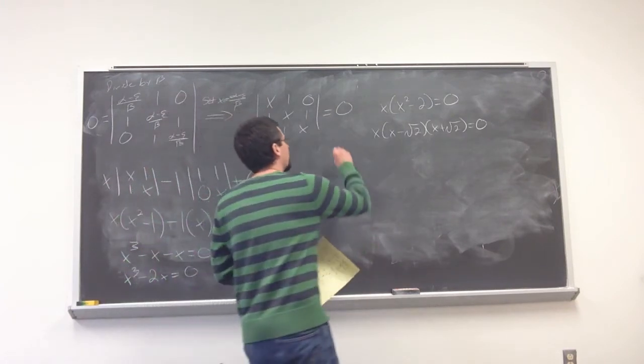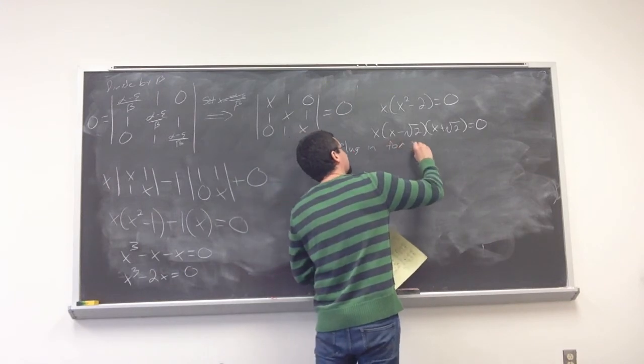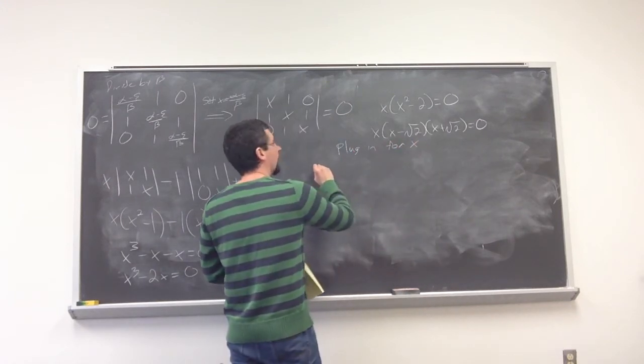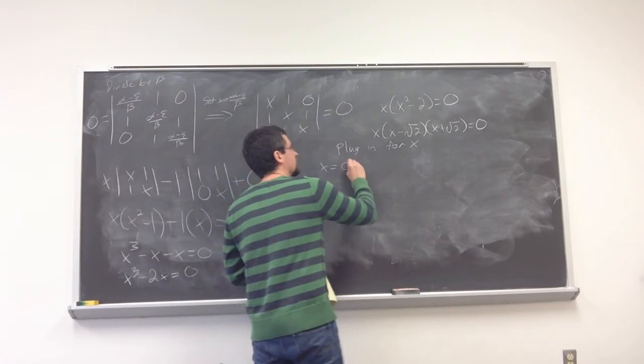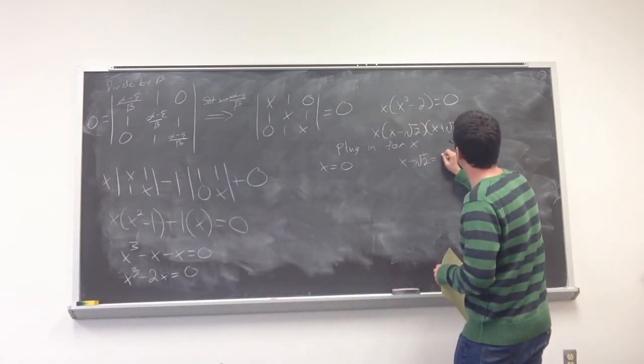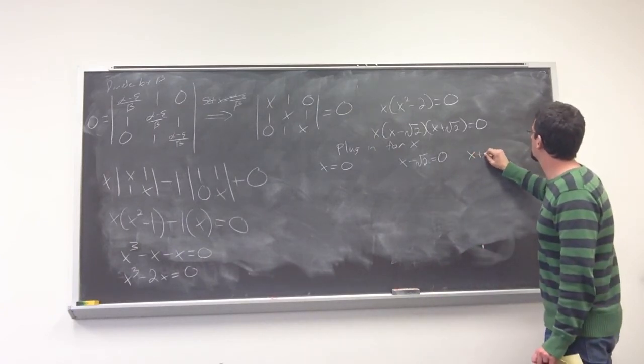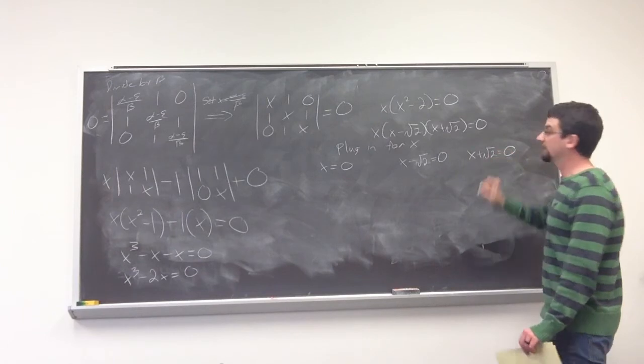Now we can plug in for x. So let's do that. That first term, x is equal to 0. We have x minus square root of 2 is equal to 0. And then we have x plus square root of 2 is equal to 0.